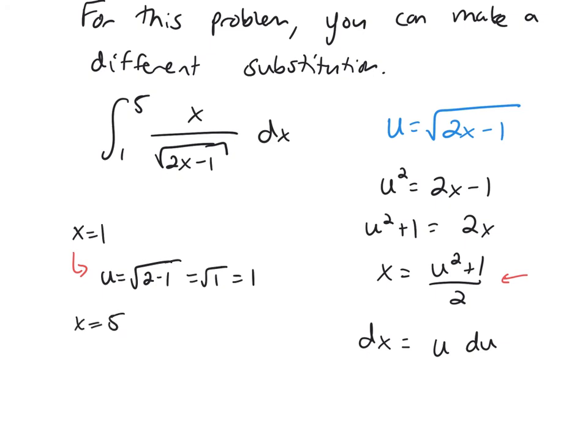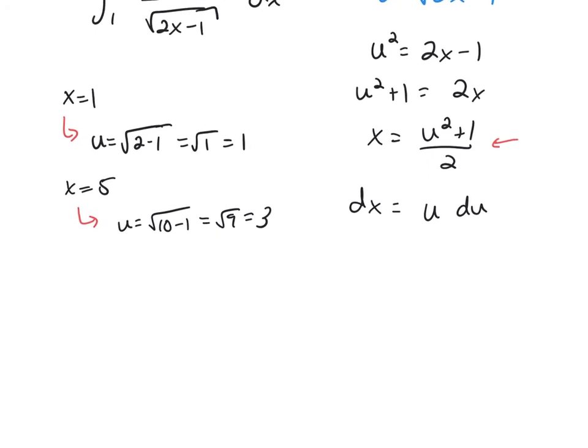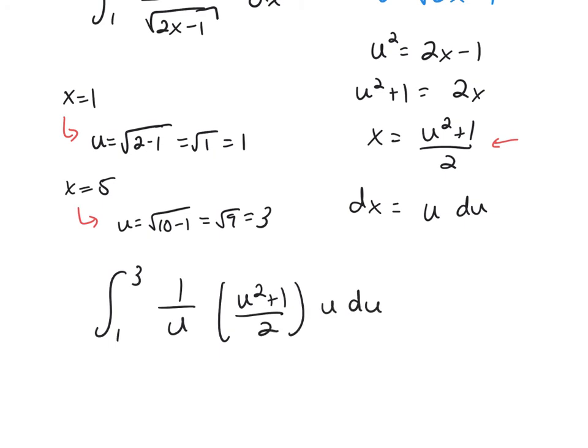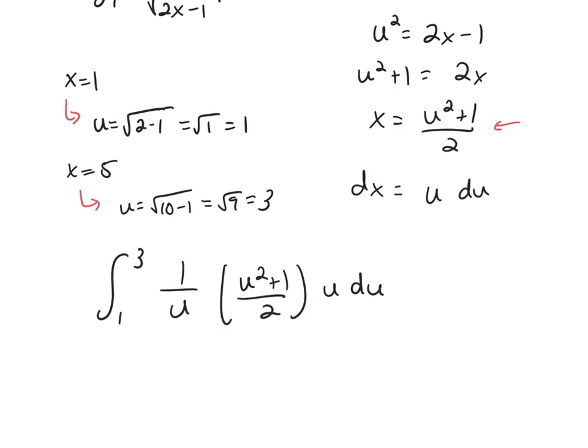If x is 5, then u will be the square root of 10 minus 1, square root of 9, which is 3. So my new bounds will be 1 to 3, 1 over u, and then in place of x, you're going to put u squared plus 1 over 2, and then u du in place of dx.